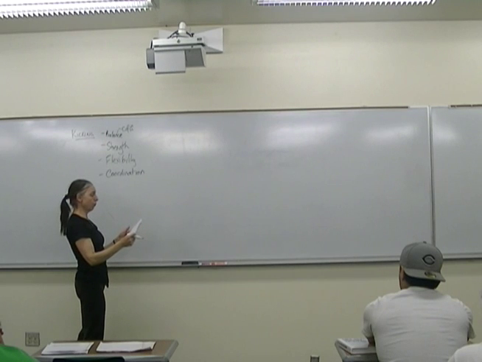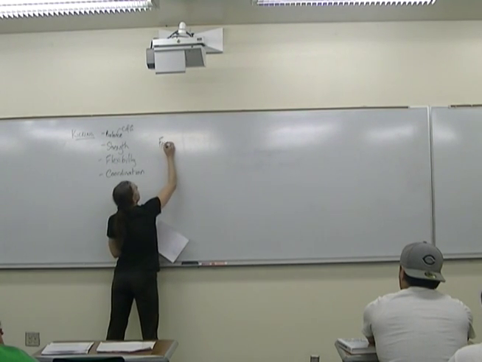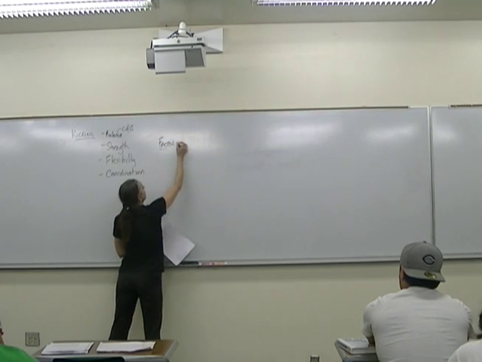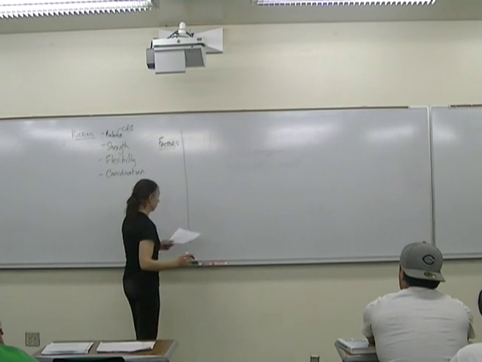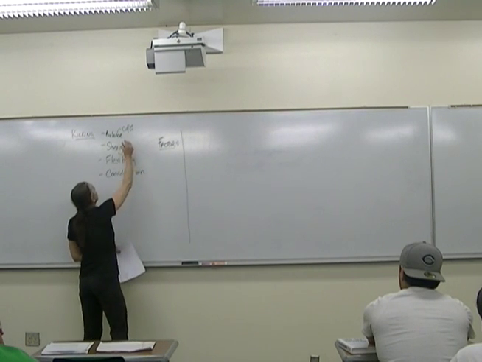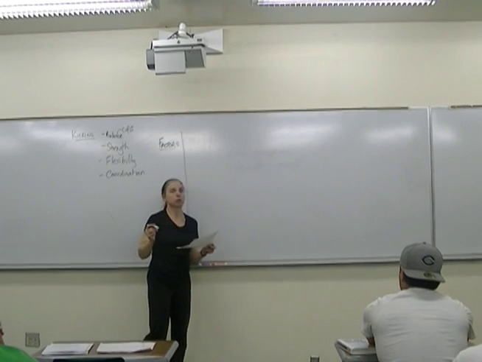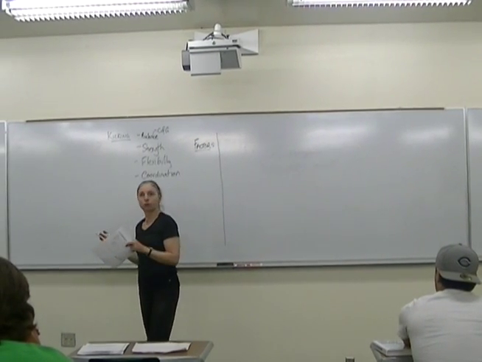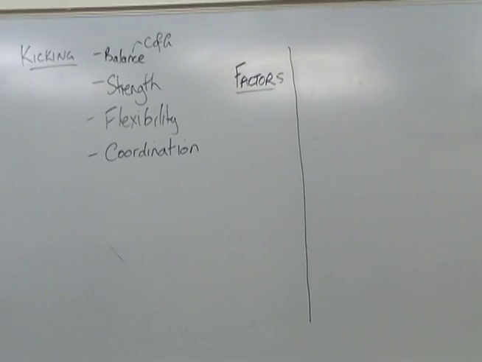Let's improve some of the ideas that we've picked out as important. All right? So, if I want to work on balance and coordination, particularly if I'm thinking about coordination, right?